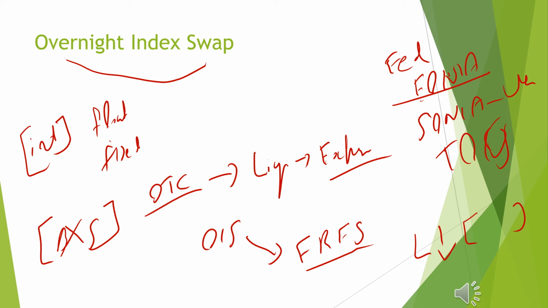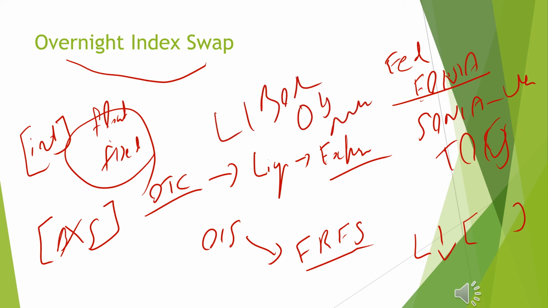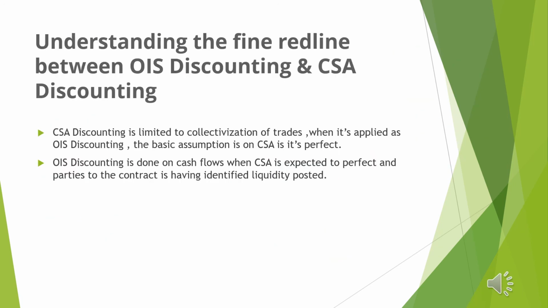For a better grasp, it's good to look into interest rate swaps, swaps of LIBOR, OIS, hedging, etc. So, understanding the fine red line between OIS discounting and CSA discounting: CSA discounting is limited to collateralization of trades when OIS discounting is applied.